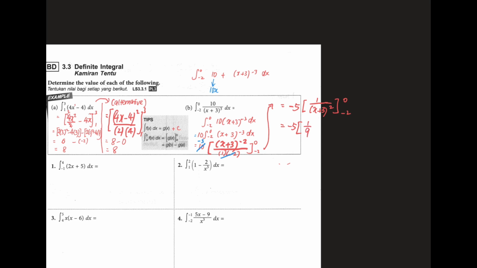Substitute negative 2 inside, I get 1. Minus 1. Then 1 over 9 minus 1, multiply with negative 5. 40 over 9. So that is the answer.